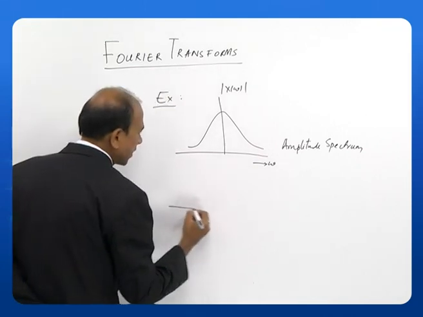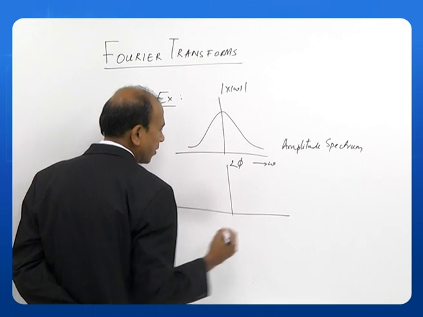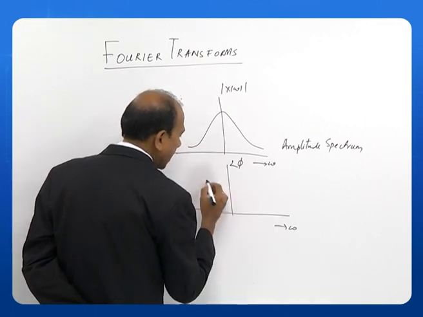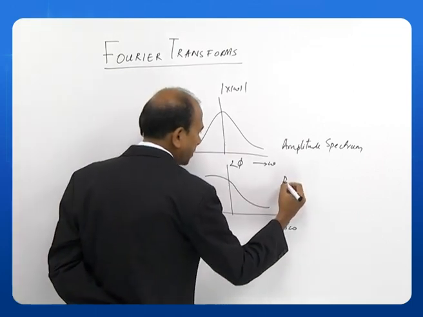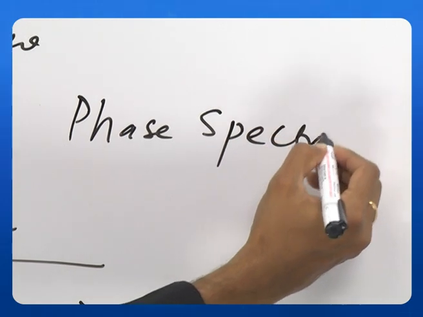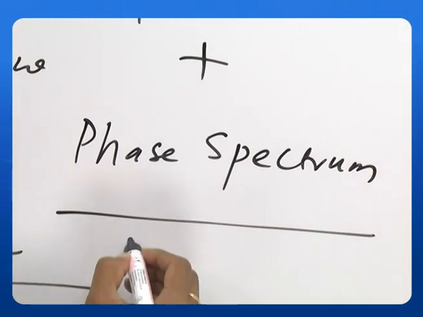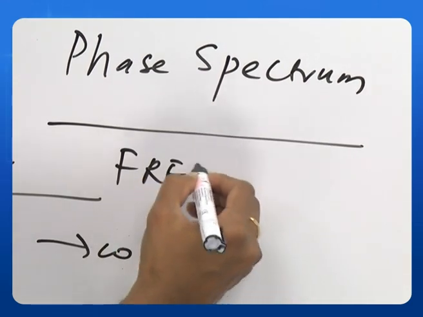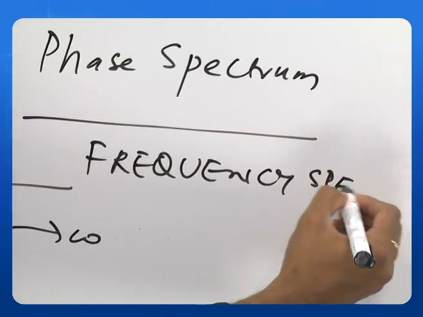Let us say there is a phase angle here. Now, let us plot this with respect to the phase, and this is ω again. Let us say I have something like this. Now, this is called the phase spectrum, and amplitude spectrum plus phase spectrum is called the frequency spectrum.